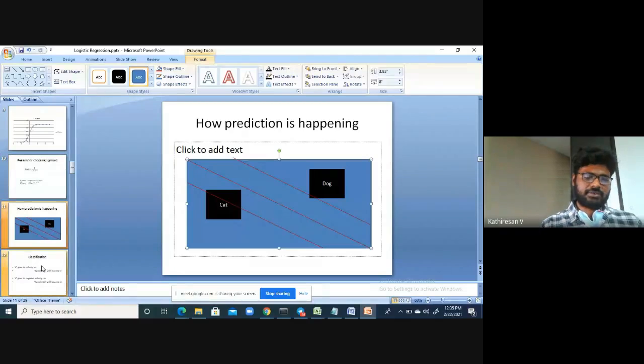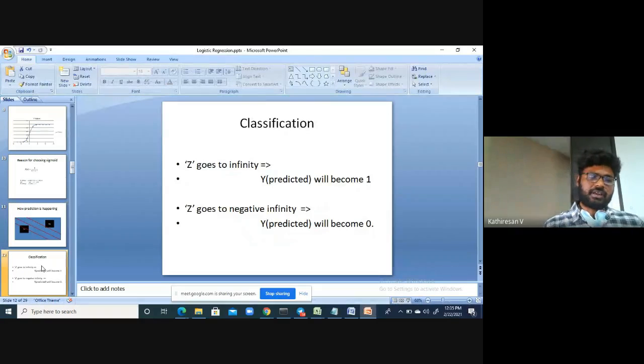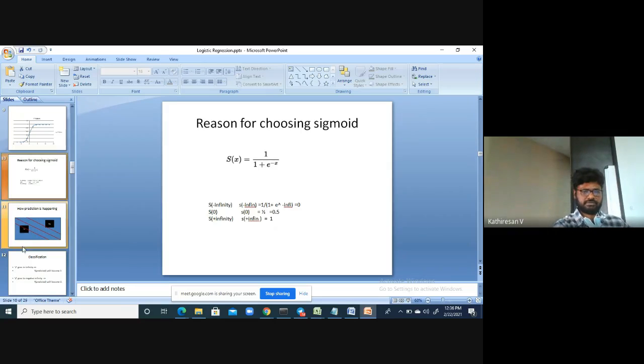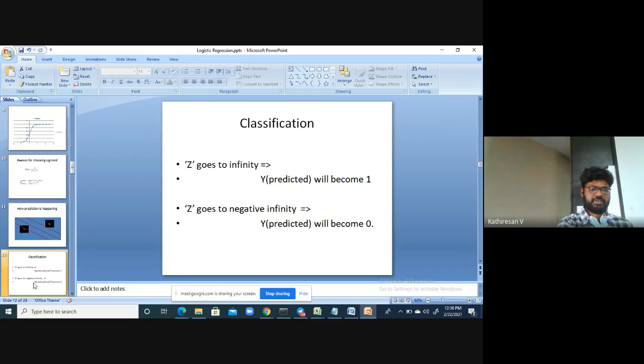So here, as z goes to infinity, y predicted will become 1. Z goes to negative infinity, y predicted will become 0. So this is the case we have discussed here. Minus infinity is 0, plus infinity is 1.